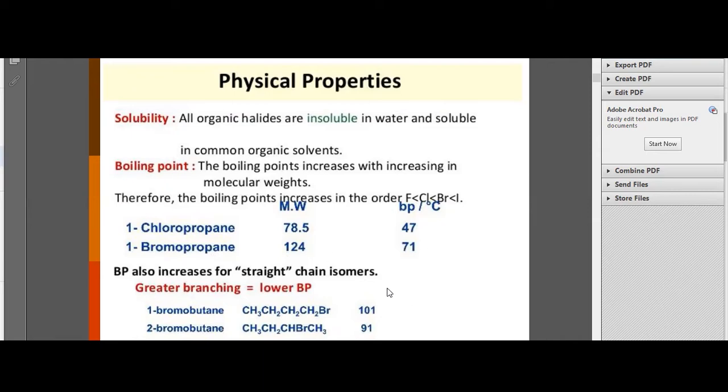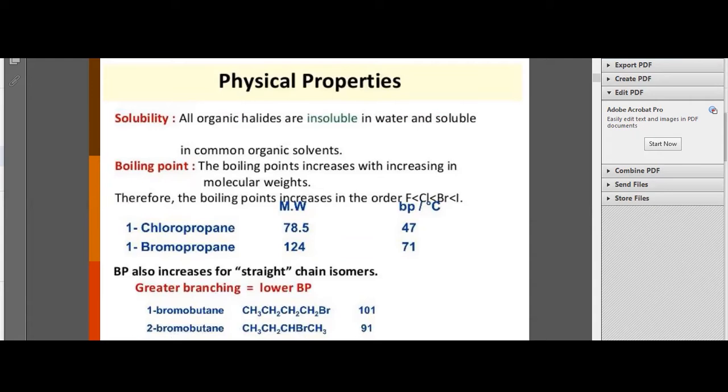Boiling point also depends on the structure. If you have a straight chain, then you will have a greater boiling point compared to the branched one. So for example, 1-bromobutane 101, while 2-bromobutane 91, while 2-bromo-2-methylpropane only 73.